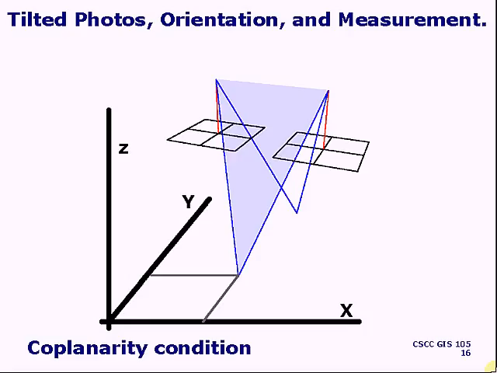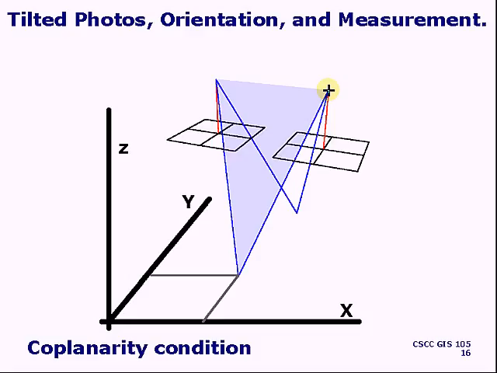And this is the understanding that for every single point on the ground, that light ray that forms the basis of the collinearity equations leaves the object on the ground, travels through the film plane to the focal point of the camera.